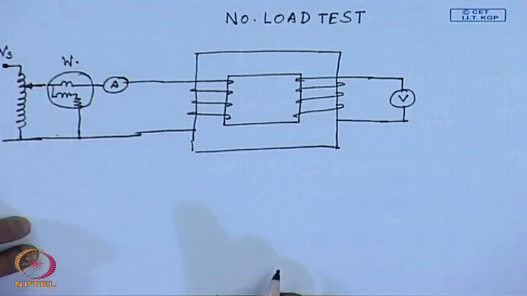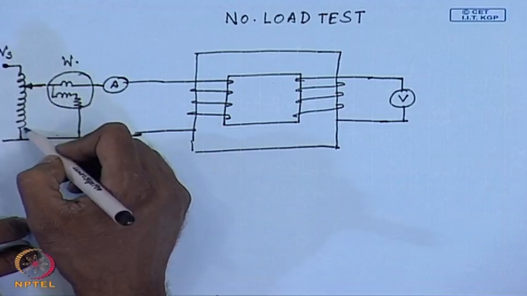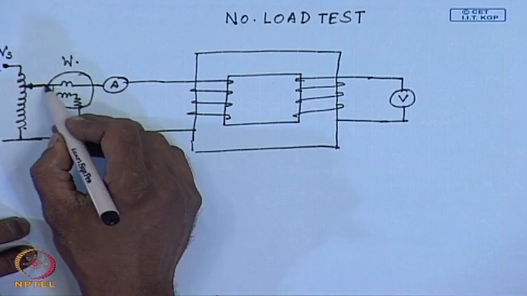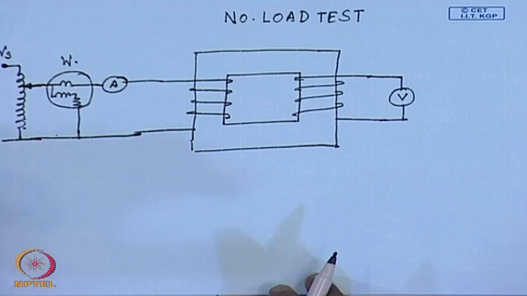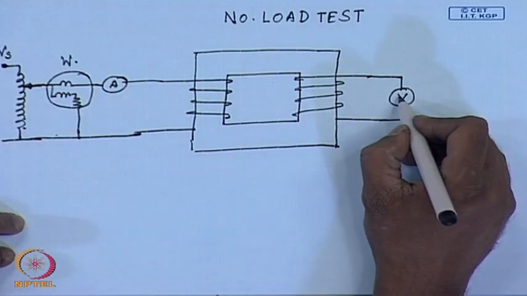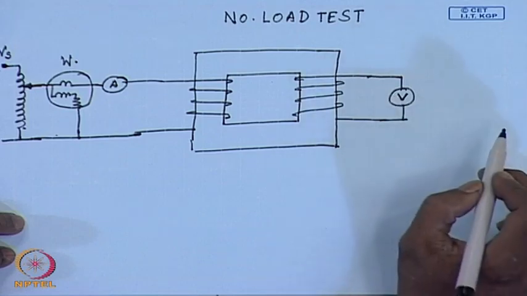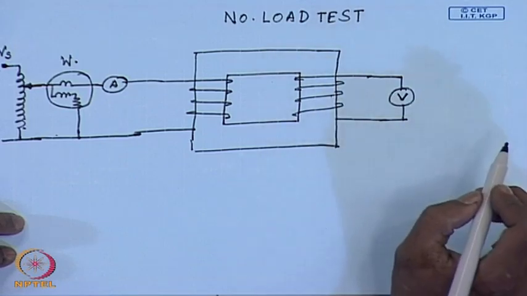In order to do the no load test, the variac is started from the 0 voltage position, then the power is applied, and the voltage supplied by the variac is slowly raised till the voltmeter connected on the other side reads the rated voltage of this side.